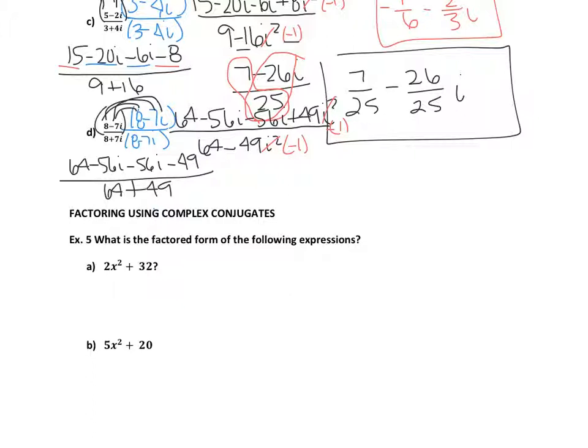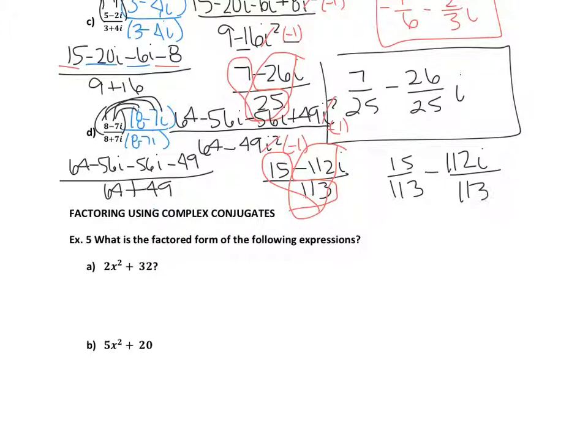And when I do that, I get 15 minus 112i over 113. So then our last step will be to split it into a plus bi form. So that's going to be 15 over 113 minus 112i over 113. And there's your final answer.